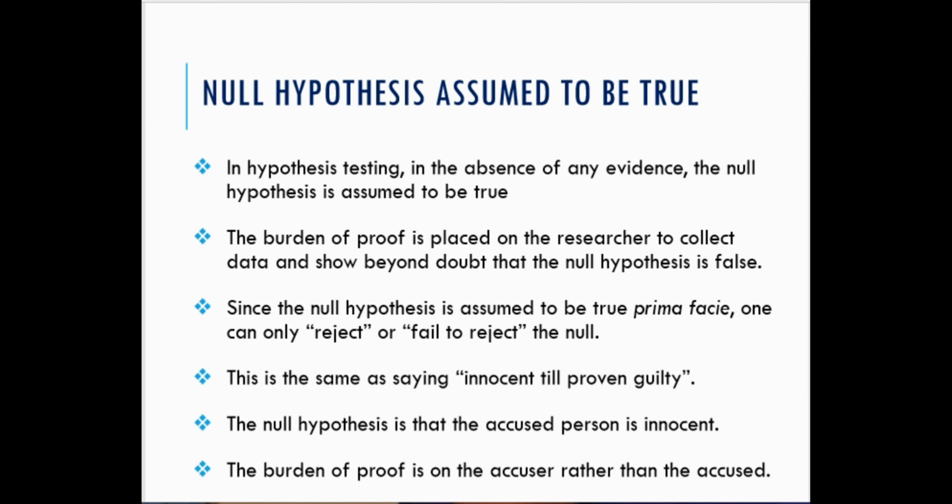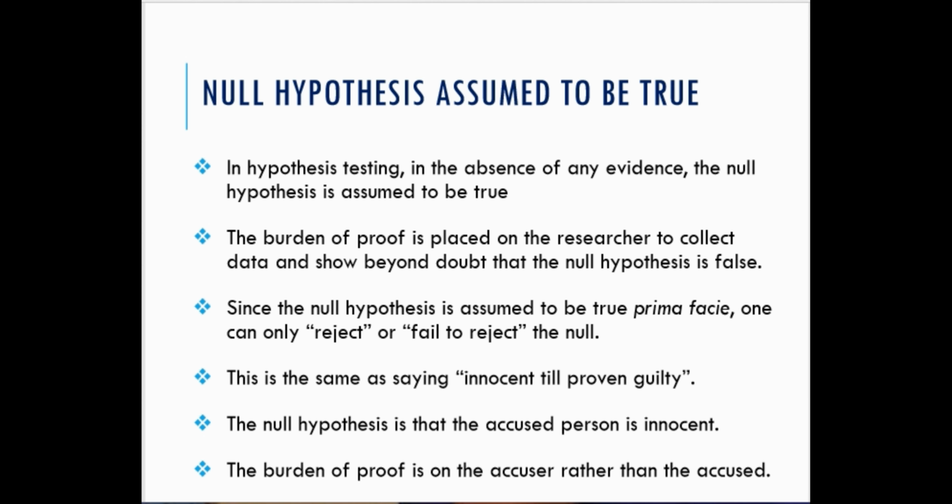Now if someone wants to disprove the null hypothesis, then they have to collect evidence and show beyond doubt that the null hypothesis is false. Since the null hypothesis is assumed to be true prima facie, you can only reject or fail to reject the null hypothesis. You don't typically say that you accept the alternate hypothesis.